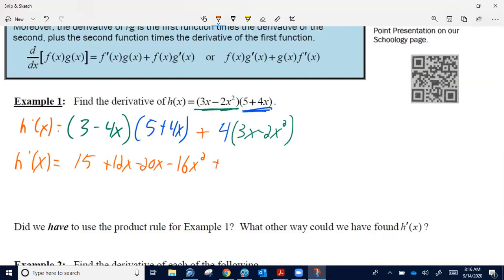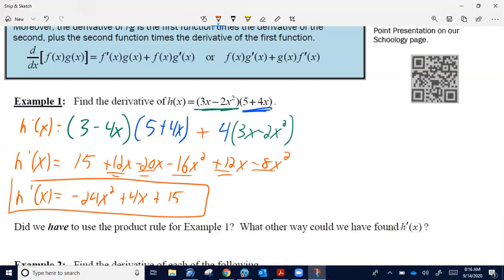Distribute the 4 in, so plus 12x minus 8x squared. Combine some like terms. Negative 16x squared, negative 8x squared is negative 24x squared. Plus 12x, take away 20x, plus 12x is going to be plus 4x. And then the 15 constant. Negative 24x squared plus 4x plus 15.